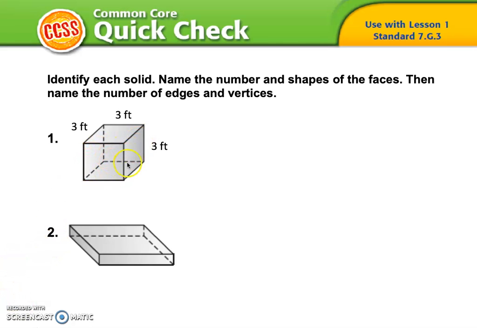Remember, the faces are the flat surfaces. Find the number of edges. And then finally, the number of vertices, where the corners of each of the shapes are. Go ahead and pause the video now, answer the questions, and then when you start the video back up, we'll go over the answers.